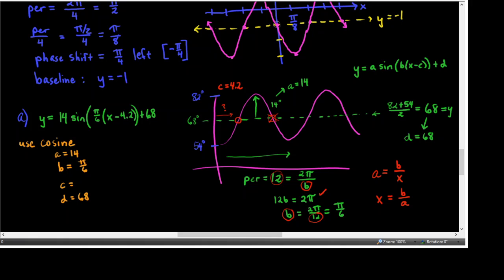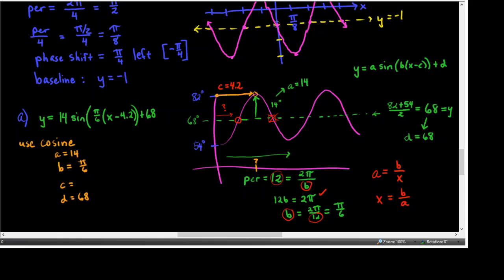So the only change is about the C value. In this case, we're going for a shift, because remember, cosine at 0 is at the high. So for cosine, our C is how far did we shift to the right to get to this high value. So the high value is 82, and that happens in July. That's month 7, right? So this is month 7 that it's at the high value of 82.